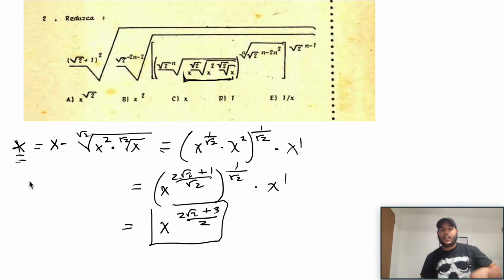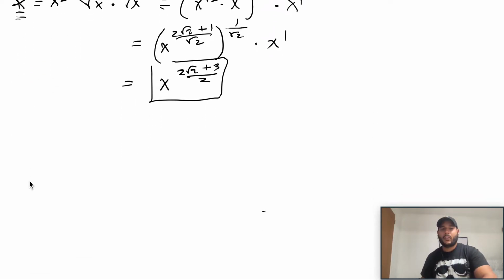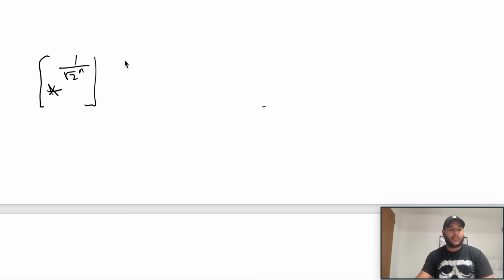Now I'm going to write the whole problem again, but without the radicals. Instead of the radicals and the indexes, I'm going to write everything in exponential form. So now our problem looks this way. Star elevated to 1 over square root of 2 elevated to the nth power. That stuff elevated to square root of 2 yet elevated to n minus 2n squared over n.